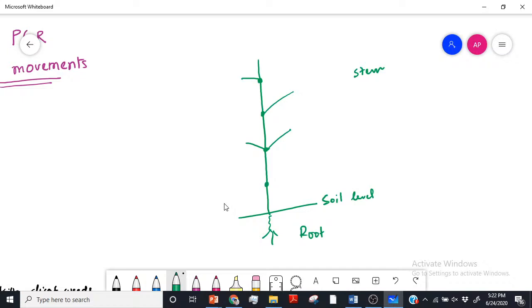These swollen parts from which branches arise are known as nodes. If these are the two nodes, then the region between two nodes is known as the internode.